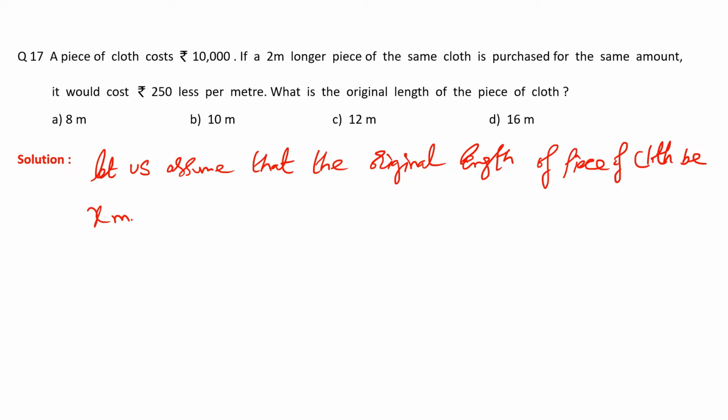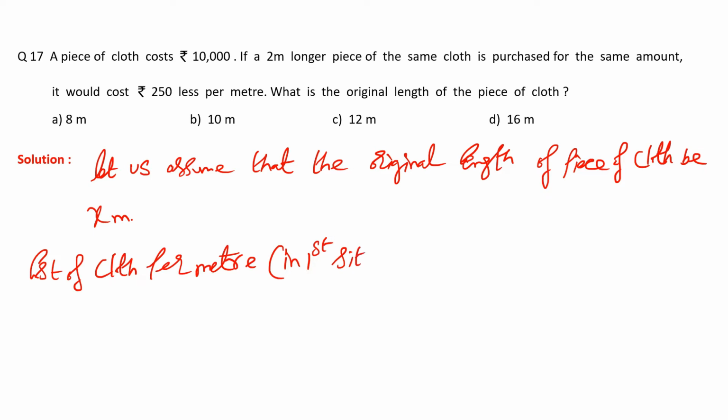So that means the cost of cloth per meter in our first case or first situation is 10,000 divided upon x, right?